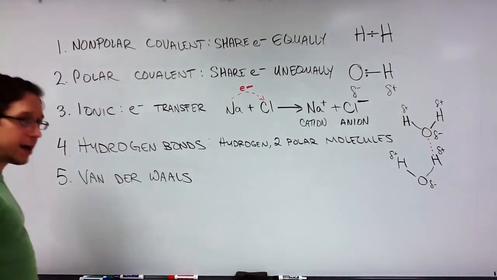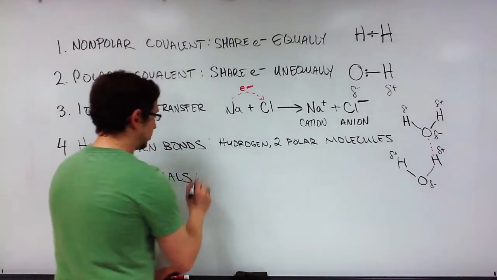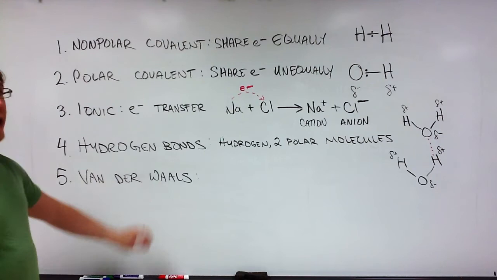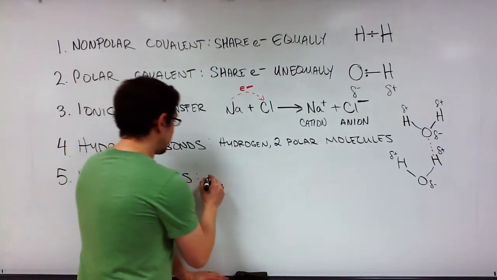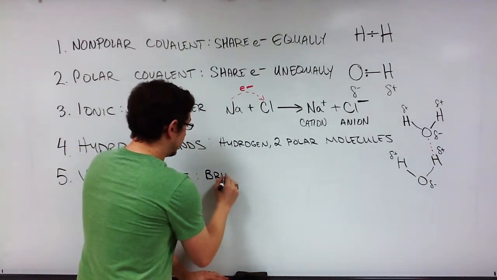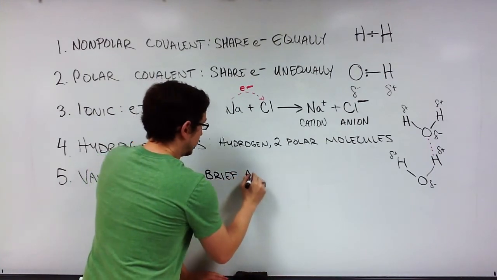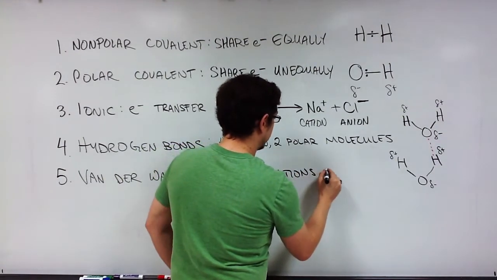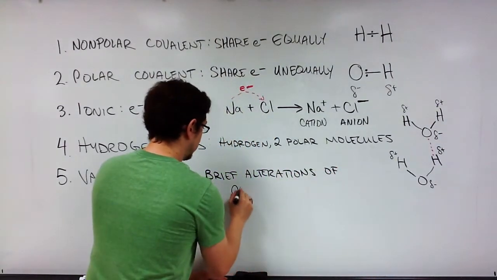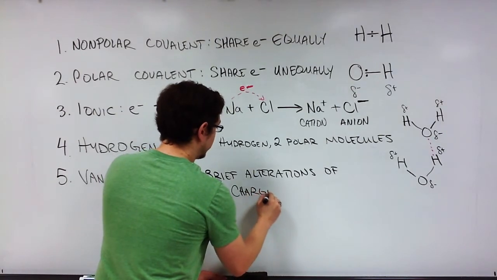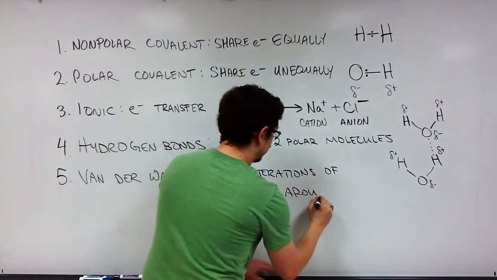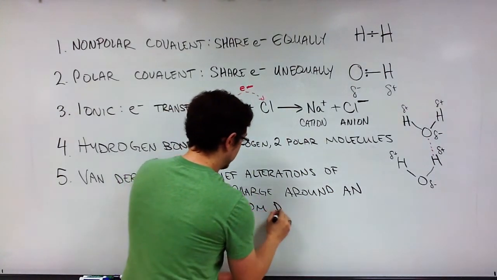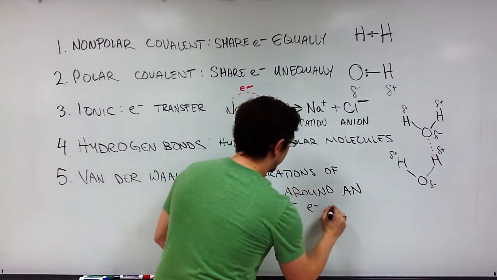Which brings us to our final interaction, van der Waals forces. These forces, or interactions, are going to be brief alterations of the charge around an atom due to electron orbit.